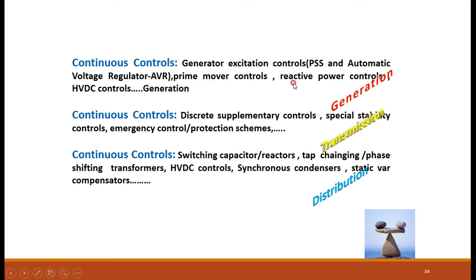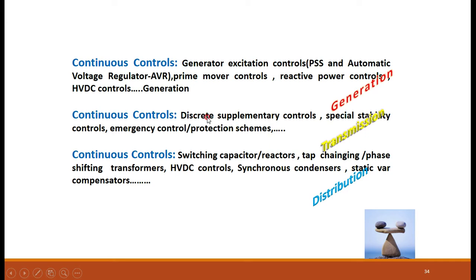And other controls relating to the generators are reactive power control and HVDC controls, that is at the generator stage. Similarly, the continuous controls in the transmission network are categorized as discrete supplementary controls, special stability controls, and emergency control and protective schemes.